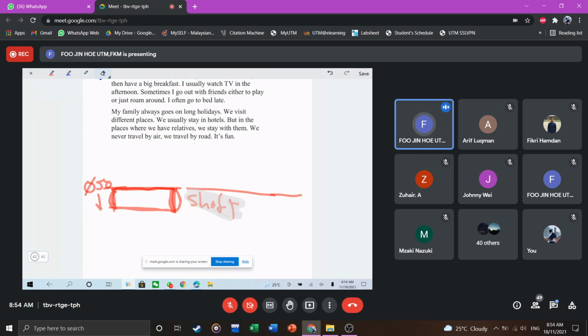So let's come back here. Let's say we put it beside here rather than on top of this shaft. Let's say the size of the hole is something like that.